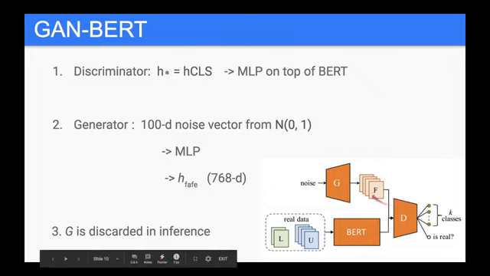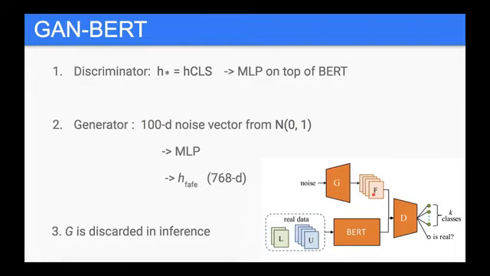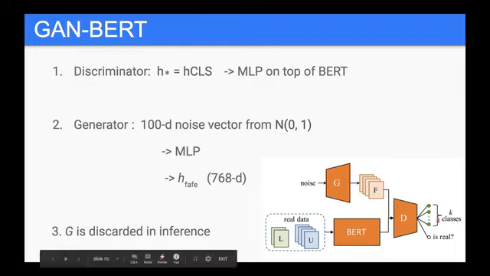So the discriminator will take these two different types of input, but the same shape of tensor, the same shape of vector, then classify it. Is it real or is it fake? And if it's real, you need to classify which class it belongs to. So you can see this part, the BERT model and the discriminator, as a multi-layer perceptron on top of BERT.